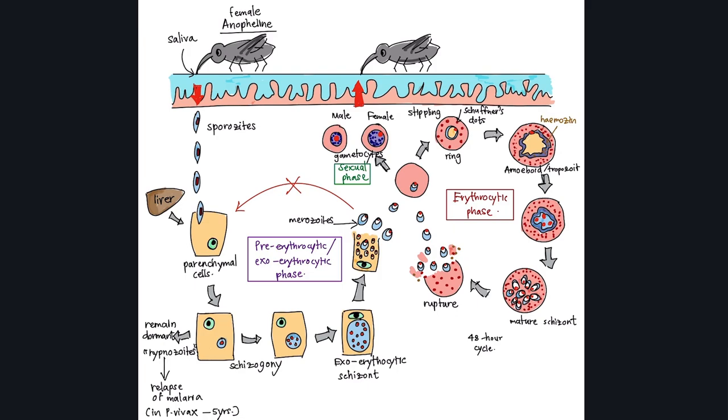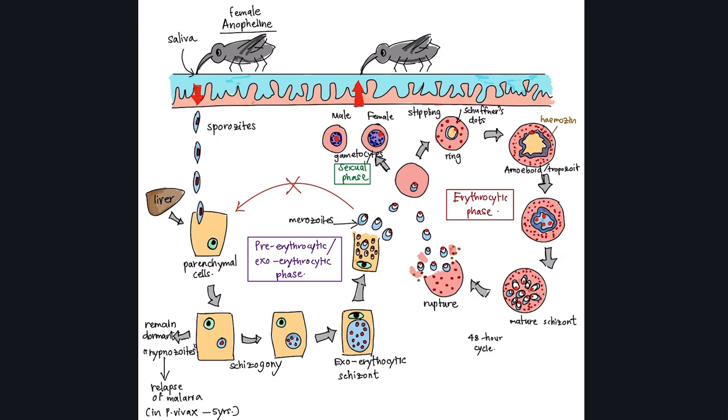So the merozoite develops into a ring stage. That means it has an eccentric nucleus, and the cytoplasm goes around and forms a ring shape, with a thick ring of cytoplasm.